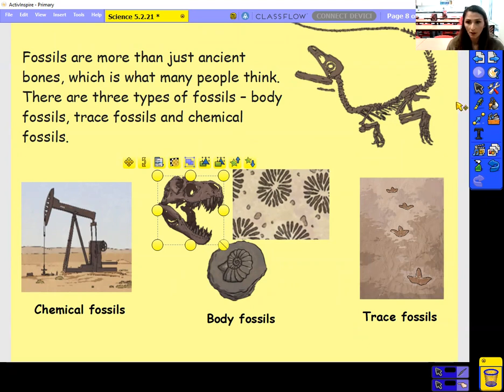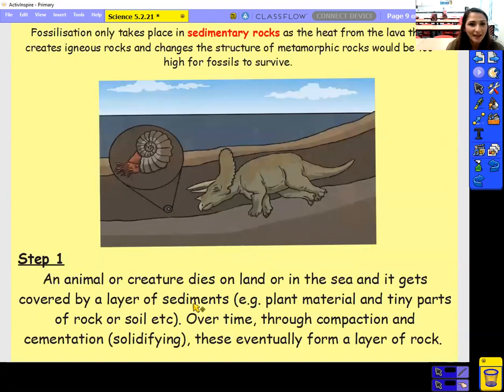So we know that fossils can be of oil, or things that we mine, of bone, of the outline of animals' bodies, or it could be of footprints as well. And actually, some scientists have managed to find fossilized dinosaur poo as well, which is quite interesting. So that can also be a trace fossil. Very interesting there.